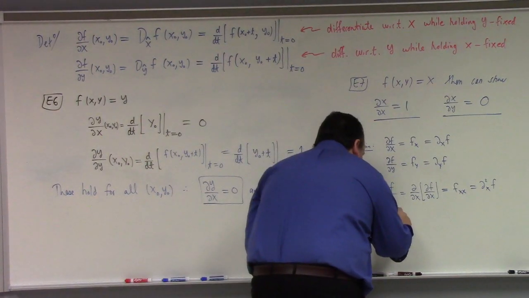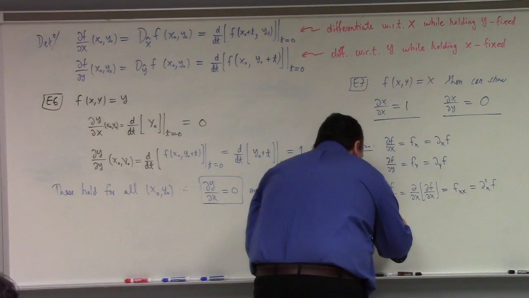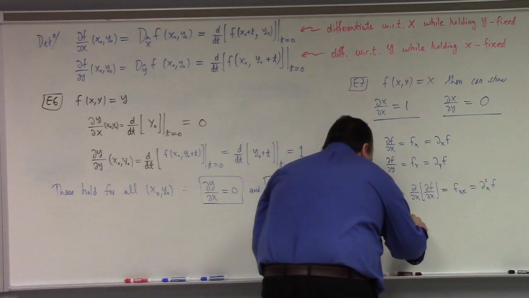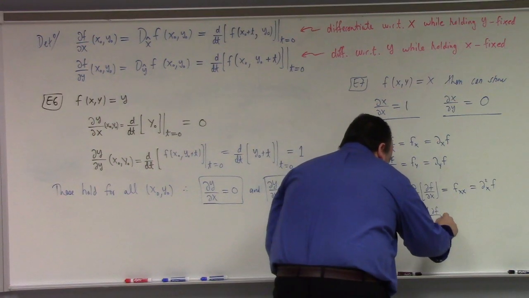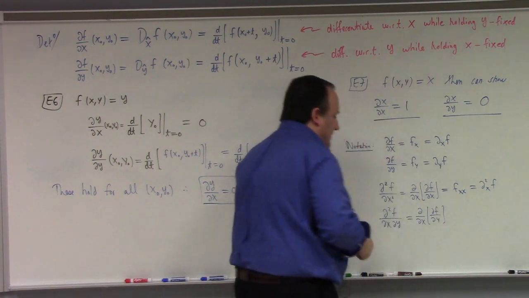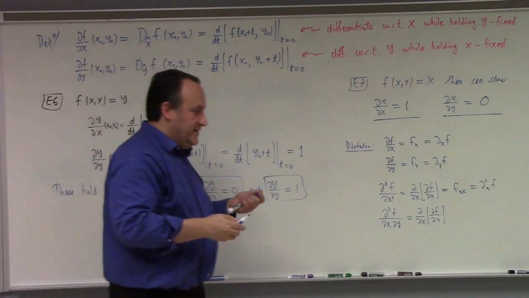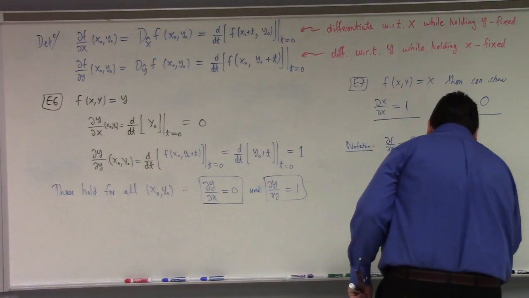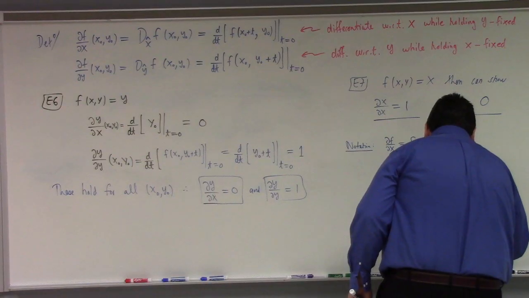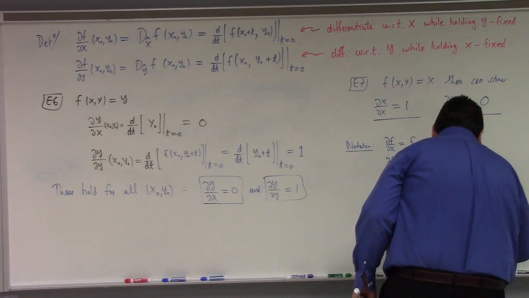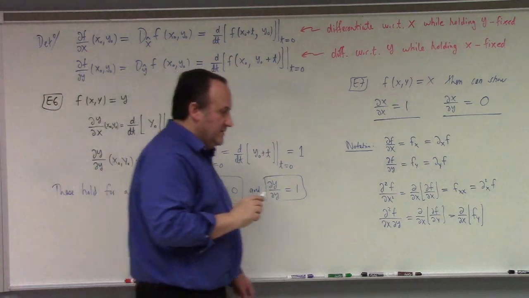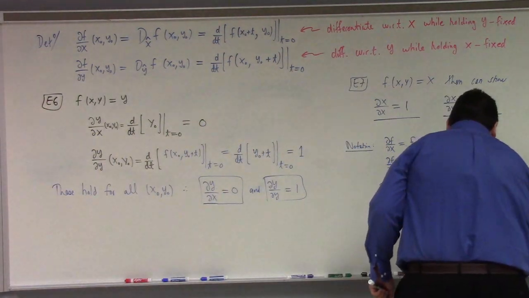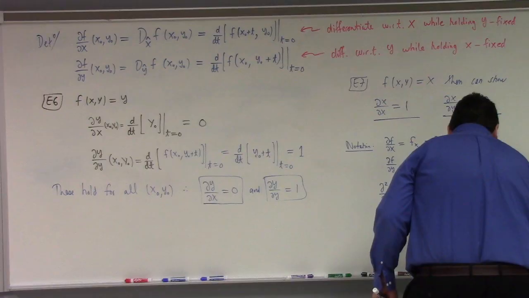If we have partial squared f, partial x, partial y, that is partial x of partial f, partial y, which is partial x of f sub y, which is technically f sub yx.